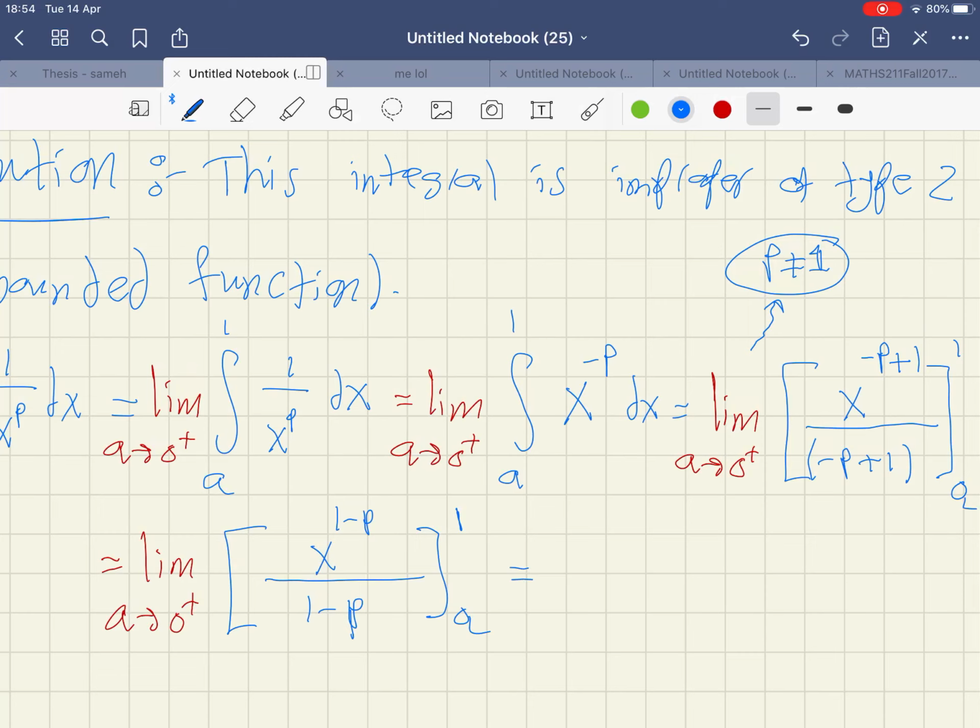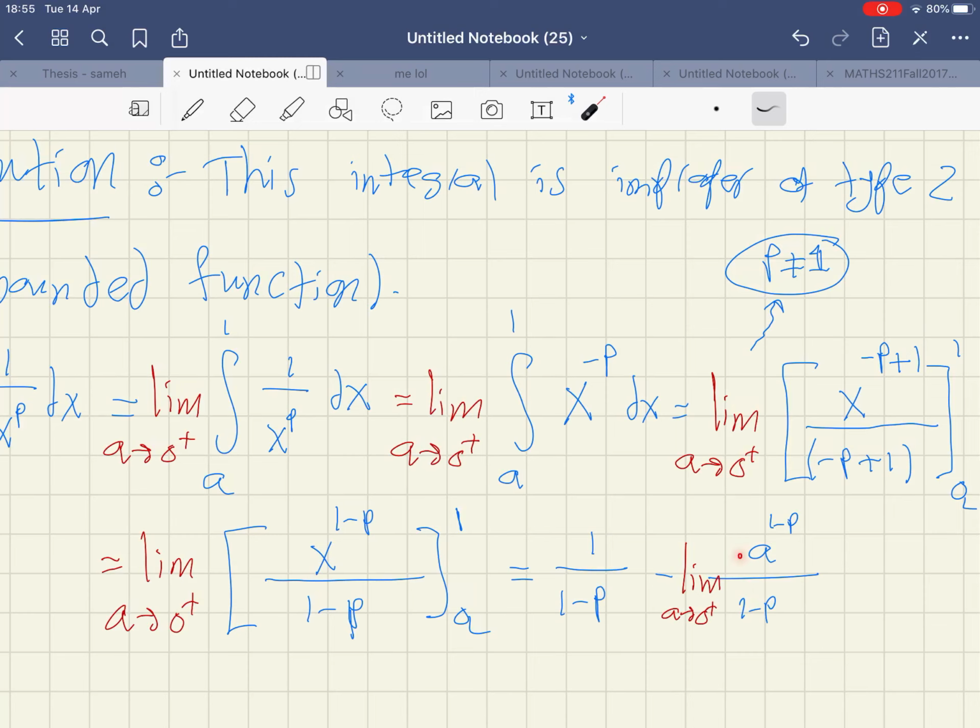Now if you substitute 1, you will get 1 over 1 minus p minus, and then the limit as a goes to 0 plus of a to the power 1 minus p over 1 minus p.